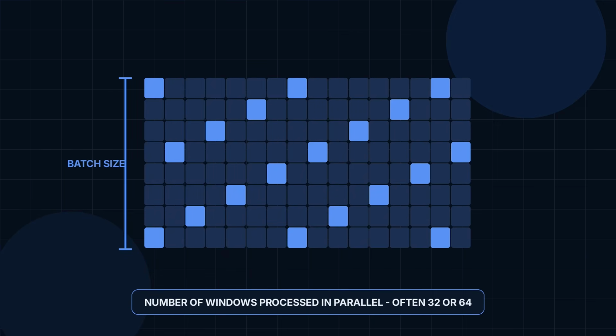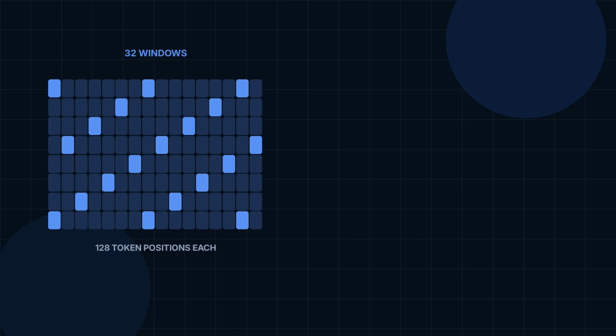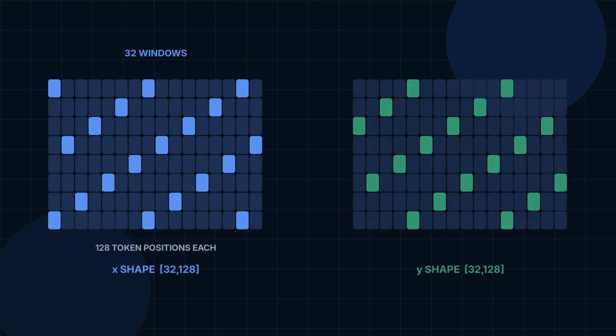So if batch size is 32 and the block size is 128, each training step processes 32 independent windows where each of them is 128 tokens long, which means that your X, which is the features, is of shape 32 times 128, and Y, which is considered the label, also has the same shape, 32 times 128.